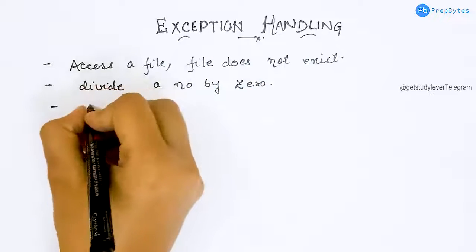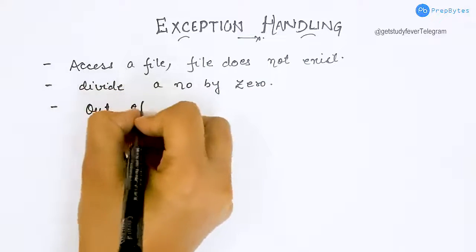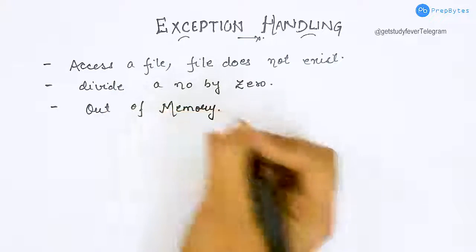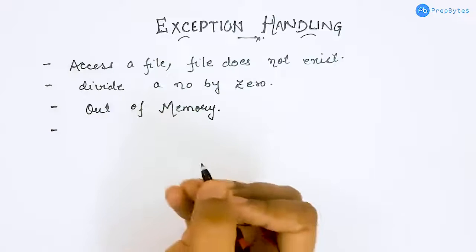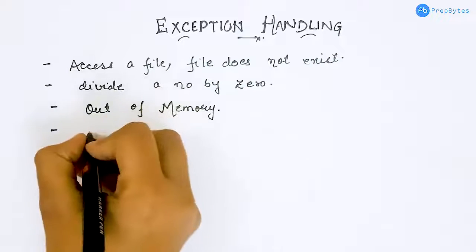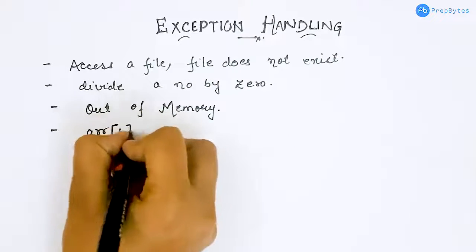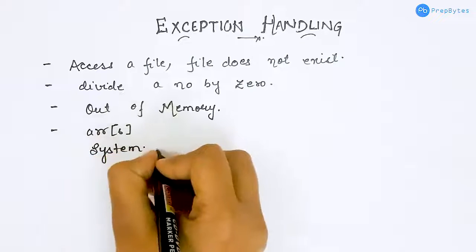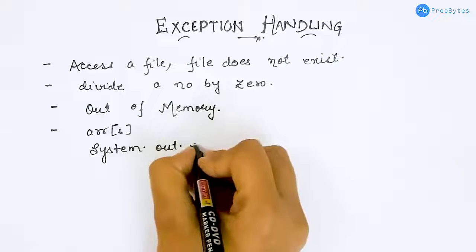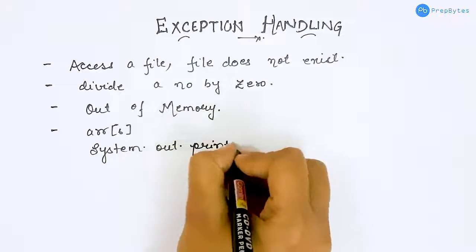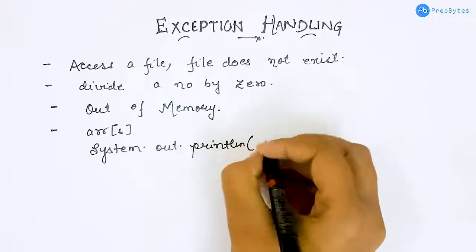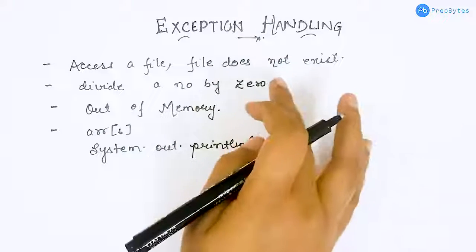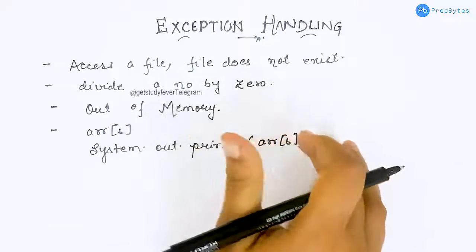Or let's say we run out of memory. Or let's say I have an array which has 6 elements, and I try to print the 7th element. So these are some of the abnormalities that can occur in code.